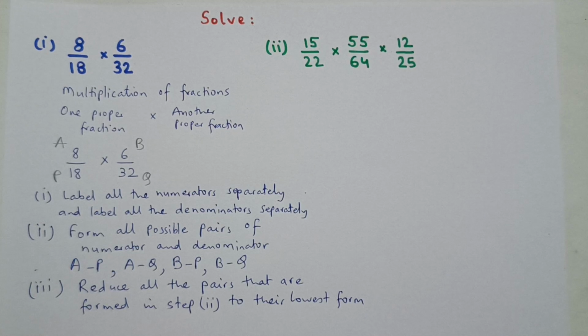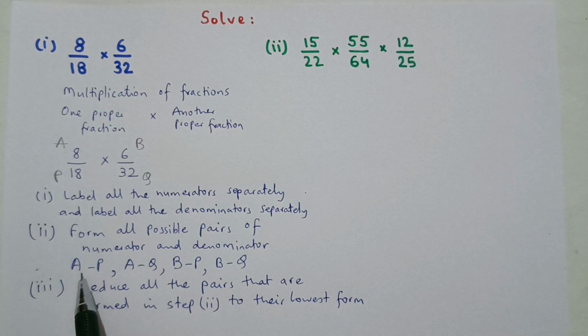So we have to reduce all the numerator denominator pairs that we have formed in step 2 to their lowest form. So let us now start solving step number 3.